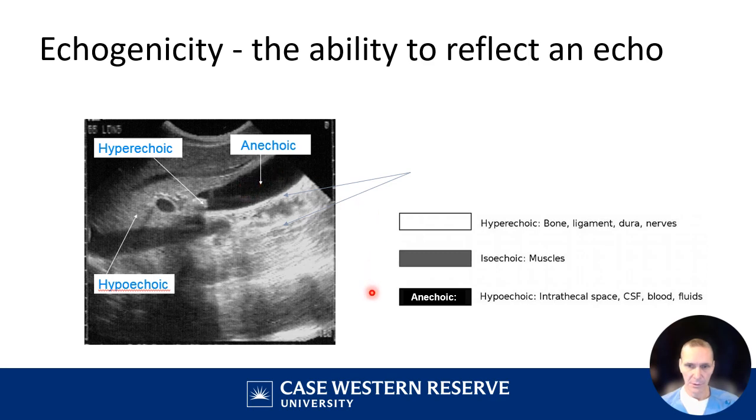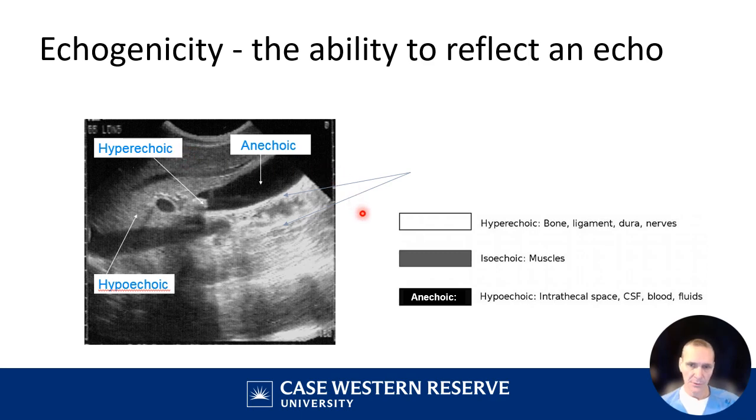So things that are anechoic or sometimes called hypoechoic are urine in the bladder, ascites, anything that's fluid, pleural effusion, hemoperitoneum, so blood in the abdominal cavity. All those things are going to be black on the screen, called anechoic.